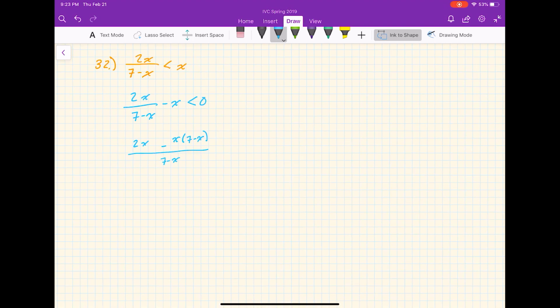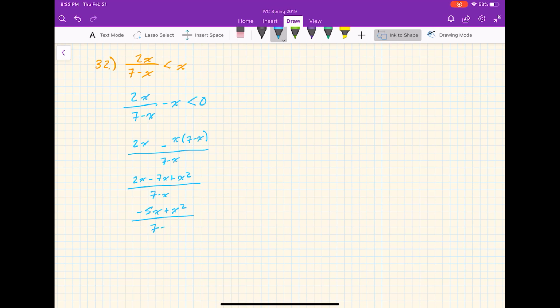All right, so now I got to distribute that x into the quantity. So I got 2x minus 7x plus x squared over 7 minus x. All right, so can I factor this top piece? Well, actually, I can't factor it, but I can combine like terms.